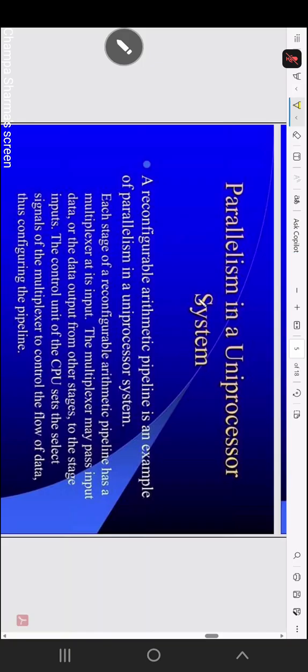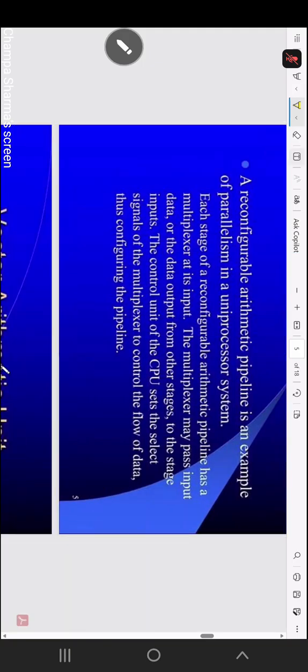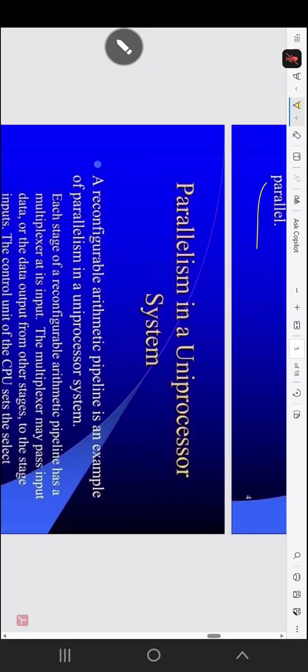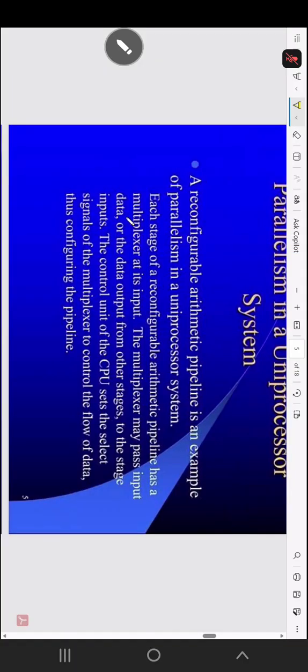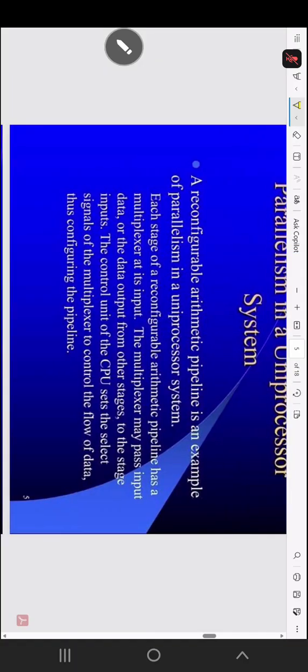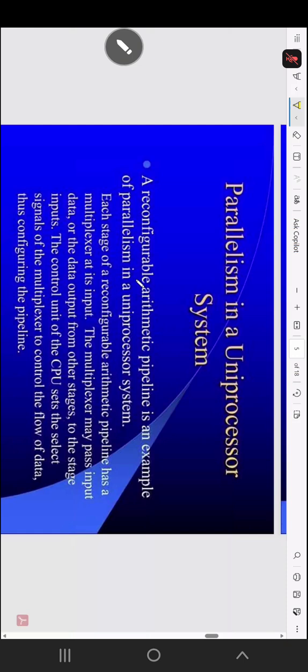Parallelism in a uniprocessor system. Reconfigurable arithmetic pipeline is an example of parallelism in a uniprocessor system.